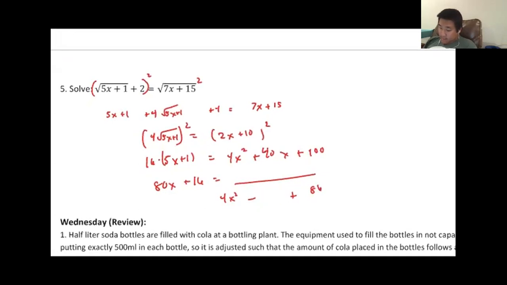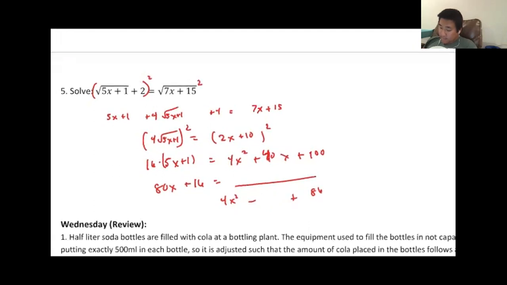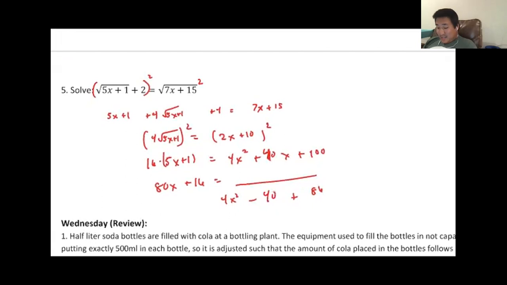And this is 40 minus 40. 84 equals 0, divided by 4. x squared minus 10x plus 21.